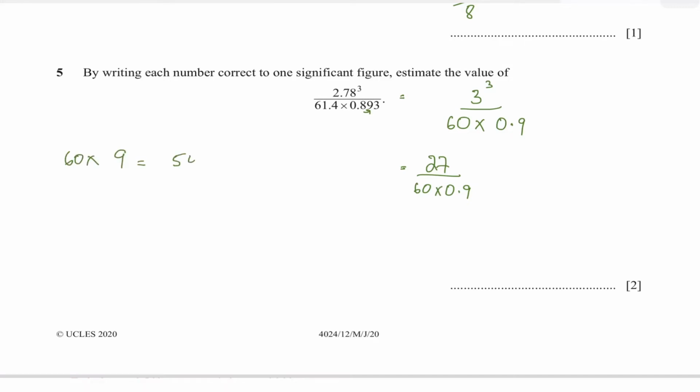That is going to be equal to 540, and then moving the decimal one place backwards. So that's going to be 27 over 54. We can simplify this using 9. So 9 3s are 27, and 9 6s are 54. We can further simplify this using 3, and the answer is going to be 1 upon 2, or you can write it as 0.5 if you wish.